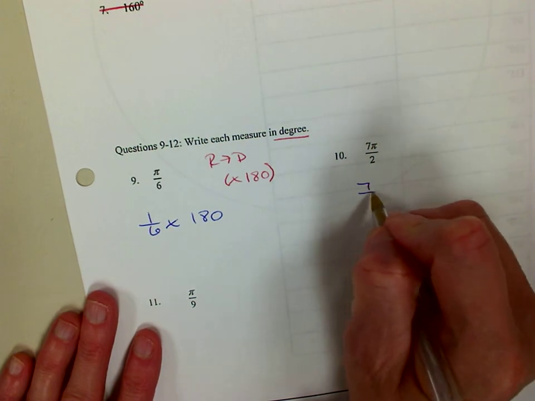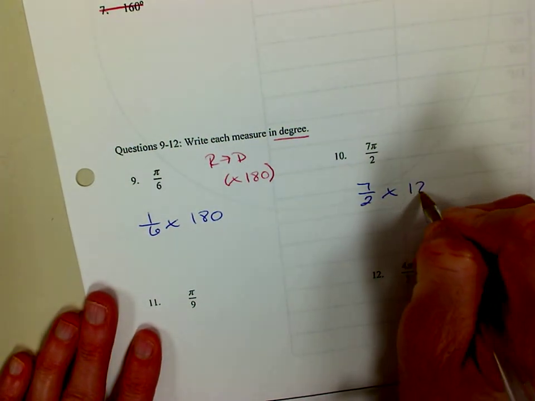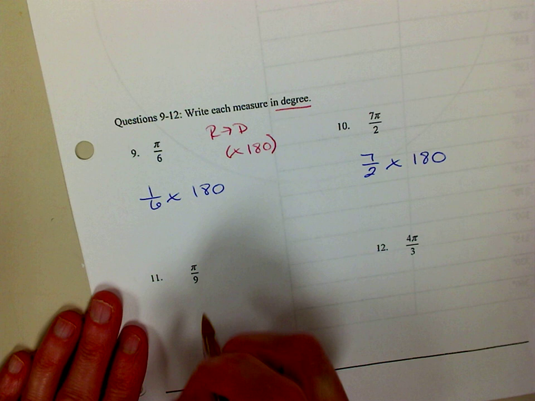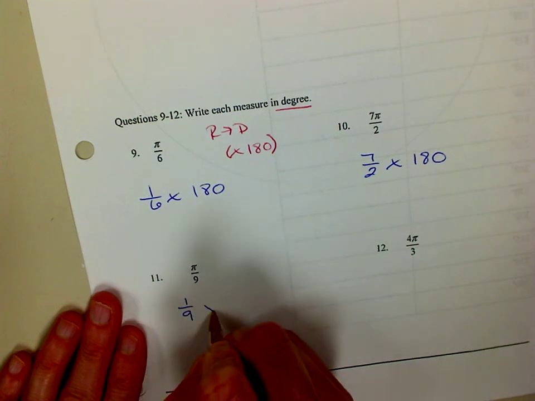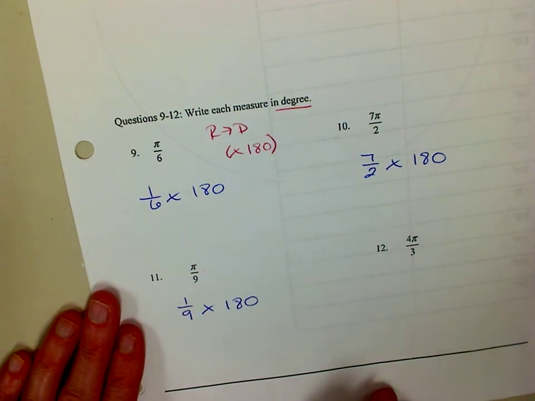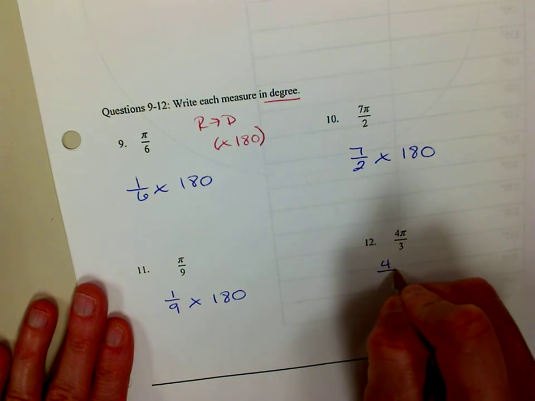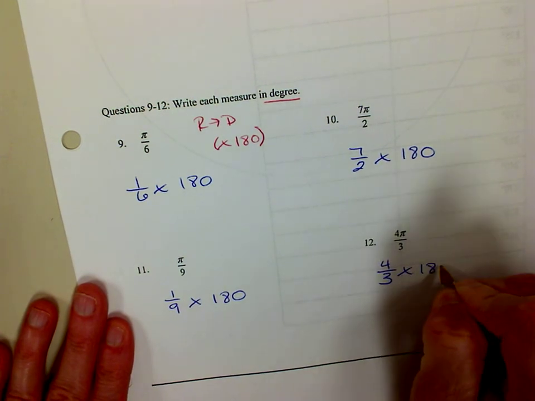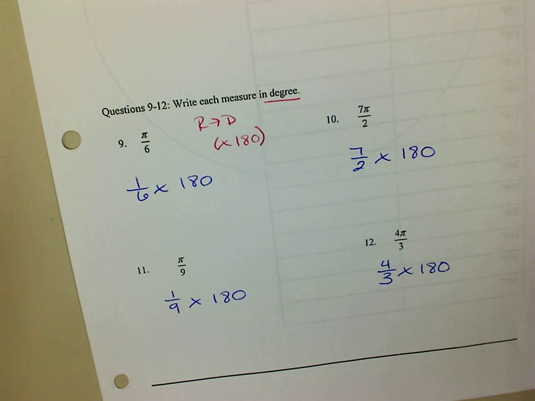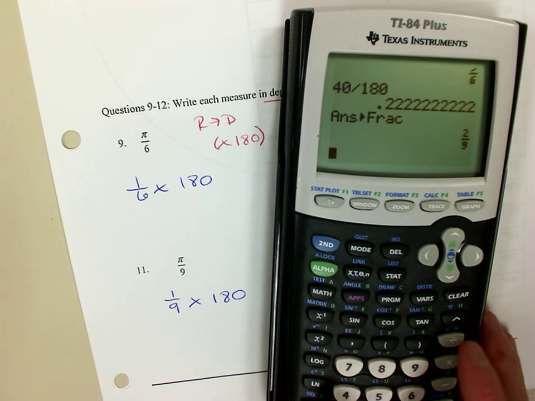This one we're going to do 7/2 times 180. This one you're going to do 1/9 times 180. This one is 4/3 times 180. Whenever you have a fraction, you have to make sure it's in parentheses.